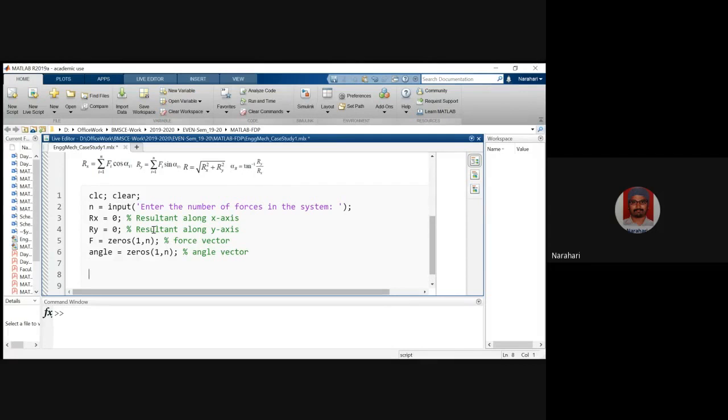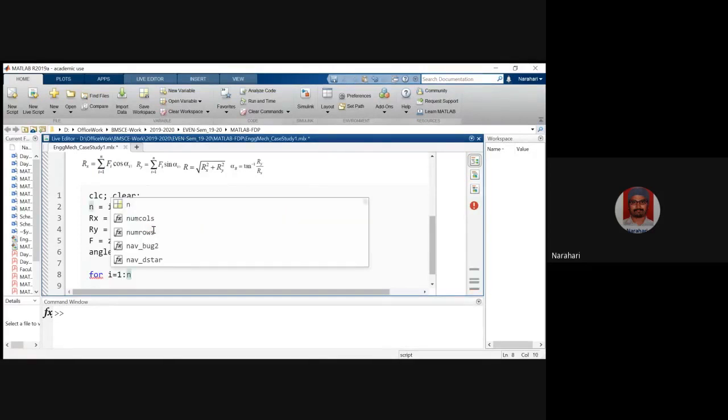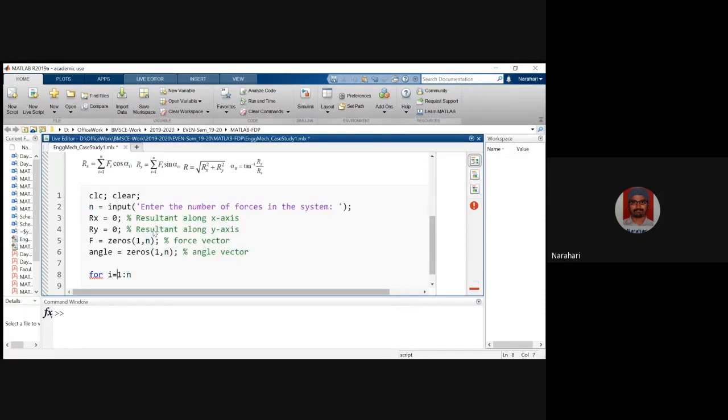Now I will start one for loop. I think you people got introduced to this for loop the day before yesterday, but I'm not sure whether you used it anywhere. So here I am trying to use it. I'll take one variable. You would be aware of this from your programming course during your engineering degree, but maybe you may or may not remember, so I'm just telling you. What it does is for i equals 1 to n.